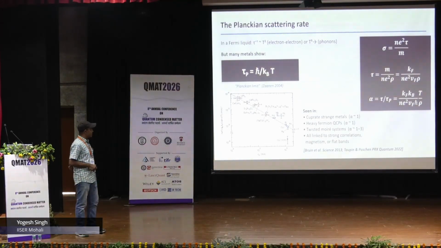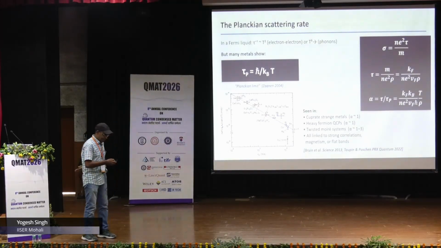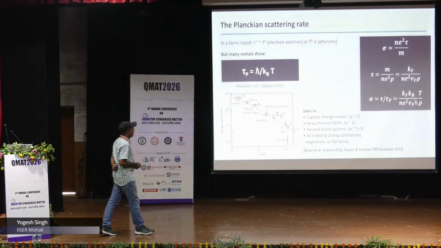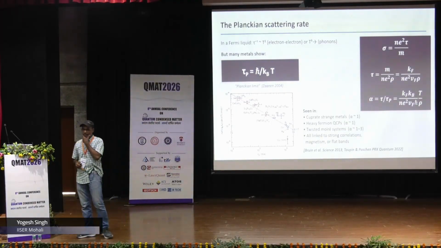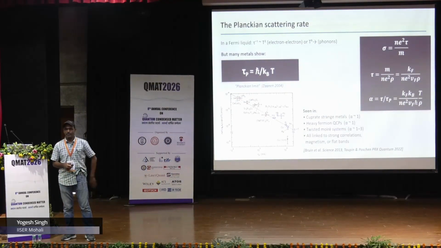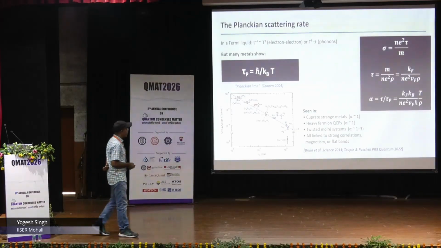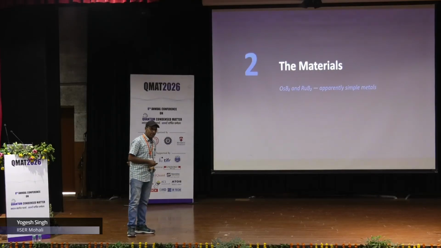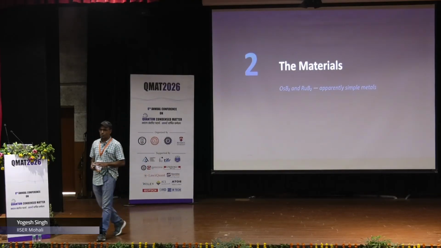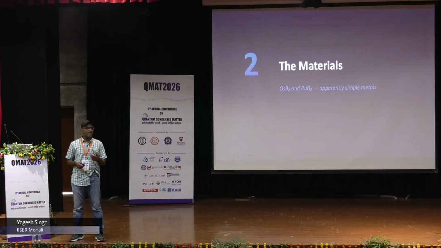So it seems that alpha equals 1 linear temperature resistivity requires some kind of anomalous correlation effects, etc. We will show that in our materials, none of these things are happening, and yet we get large linear slopes in resistivity. Okay. But let me first introduce the materials to you so that we appreciate that on the face of it, these seem to be very, very common boring metals.